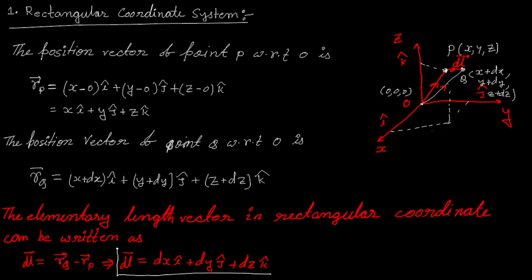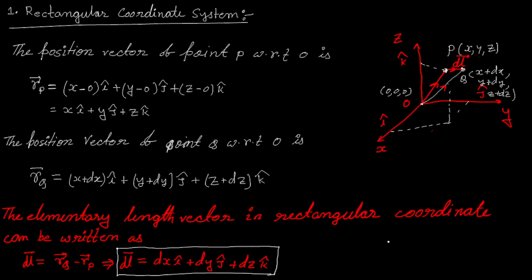Here dx, dy, dz are the smallest possible increments along the x-axis, y-axis, and z-axis, and the net elementary length vector in rectangular coordinate system can be written as dx i cap plus dy j cap plus dz k cap. Now the question is, in what kind of situations do we need to consider this kind of elementary length vector?